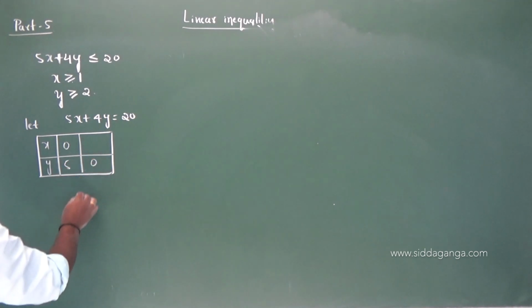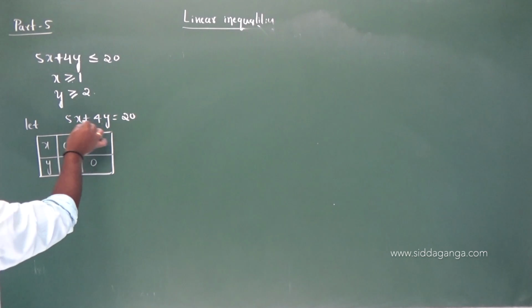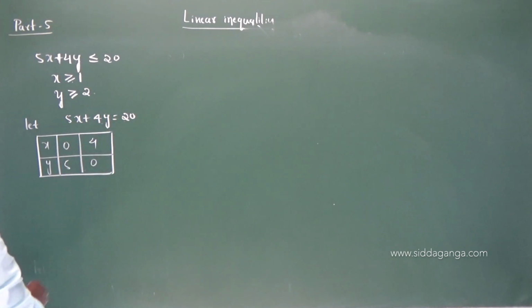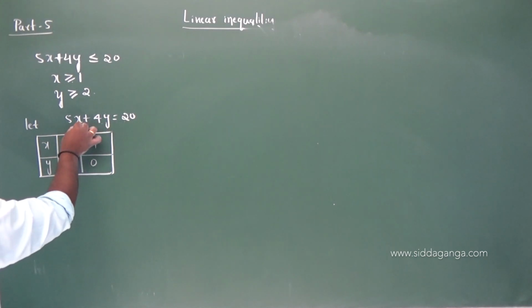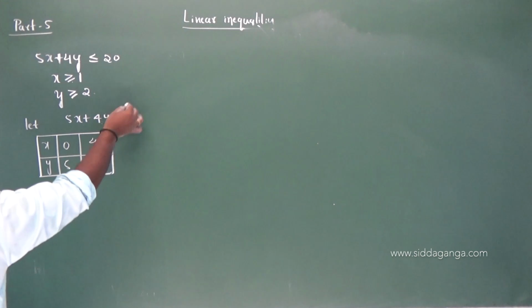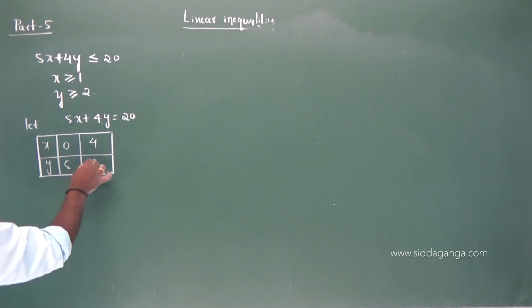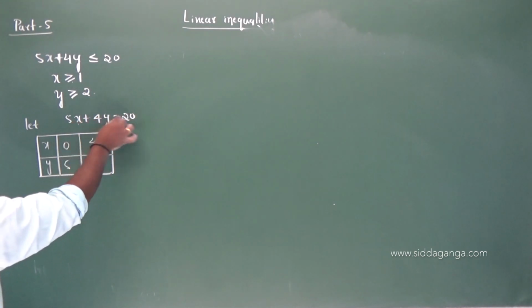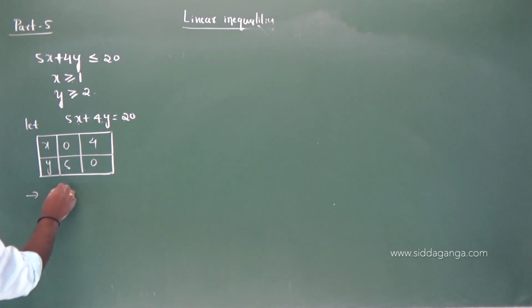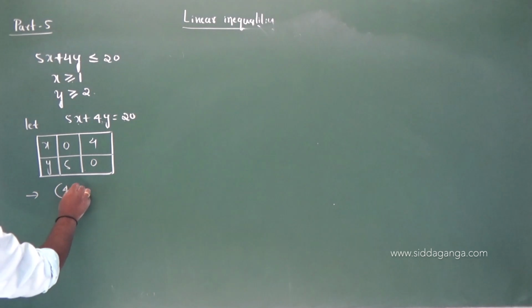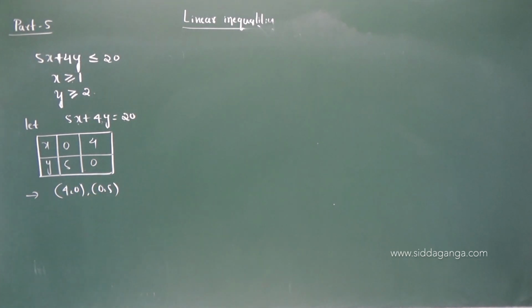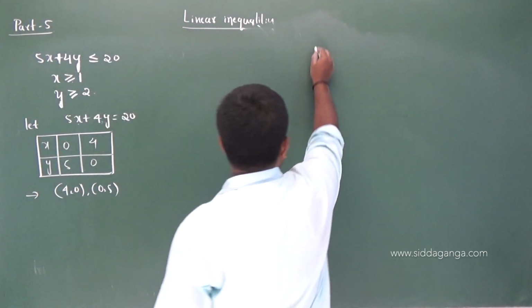When y is 0, 5x is equal to 20, then x becomes 4. So it passes through 4 comma 0 and 0 comma 5. Let's draw the lines.